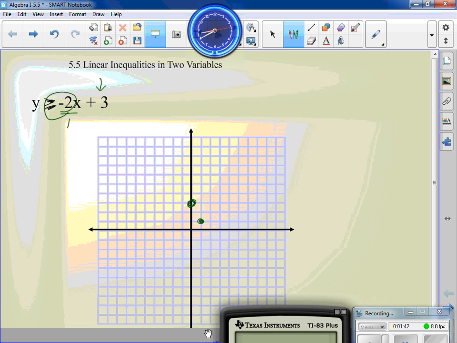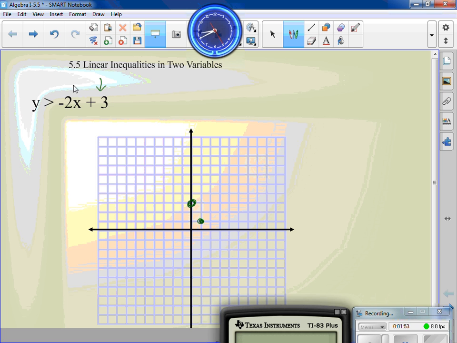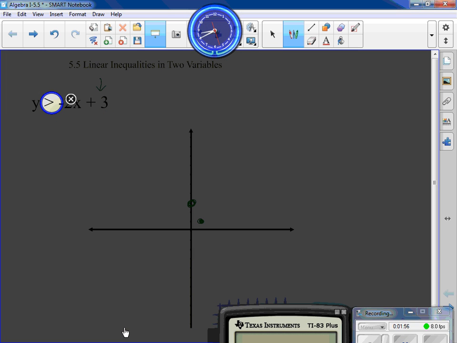Don't draw a line through here. This is where things are different. Thinking about this piece, the greater than symbol.